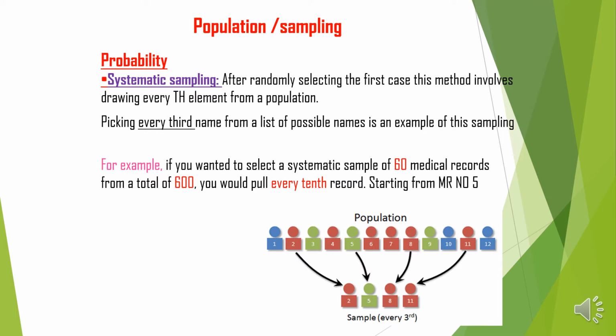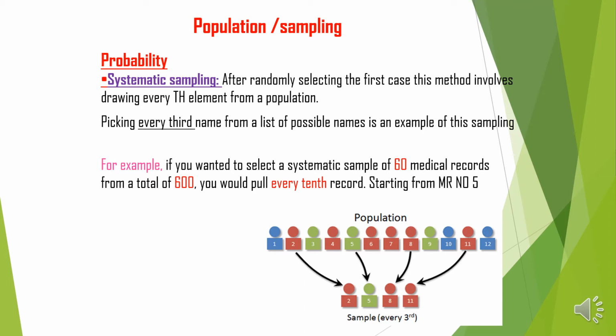Here it's very clear. If we have a population from 1 to 12, I will select number 1 or 2 or 3 randomly. So here I selected number 2. Then after 2, I will select every nth. Here I selected every third. So randomly I choose number 2, then every third. Skip 3 and 4, and take number 5.